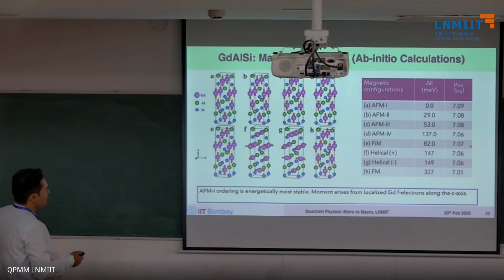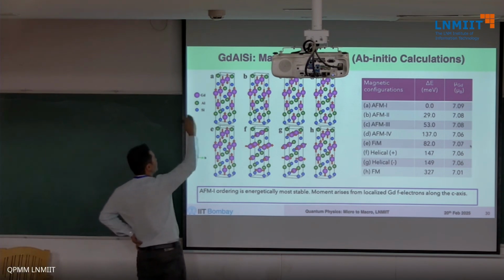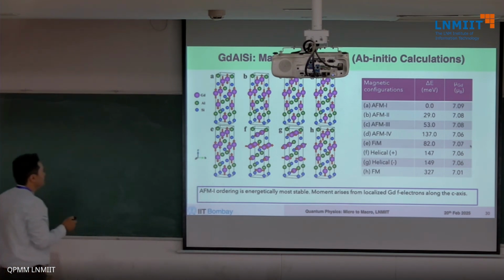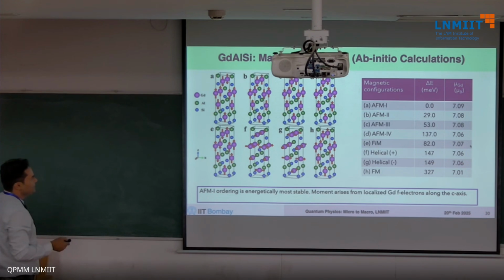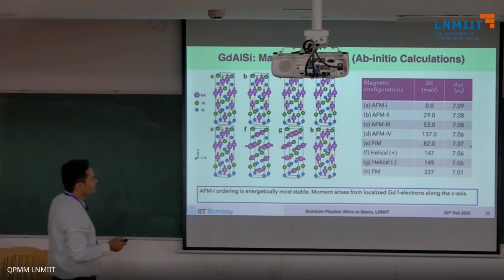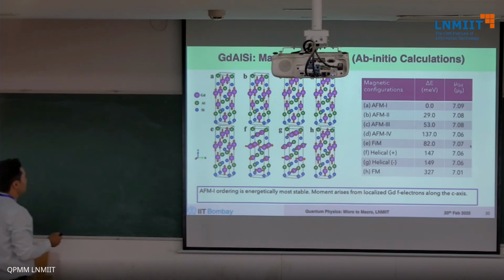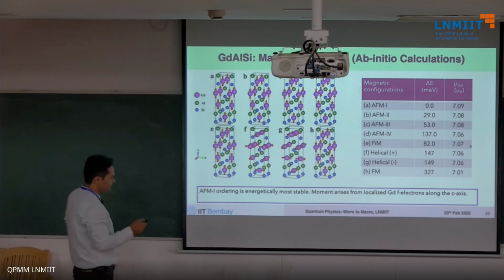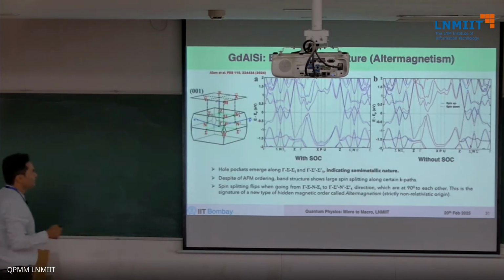So you can see that AFM1, this is the relative energy difference, and AFM1 is the lowest. All the others have higher energy, in milli electron volt. AFM1, which is this, which is nothing but a layer-wise antiferromagnetic arrangement, is the lowest in energy with a magnetic moment this.